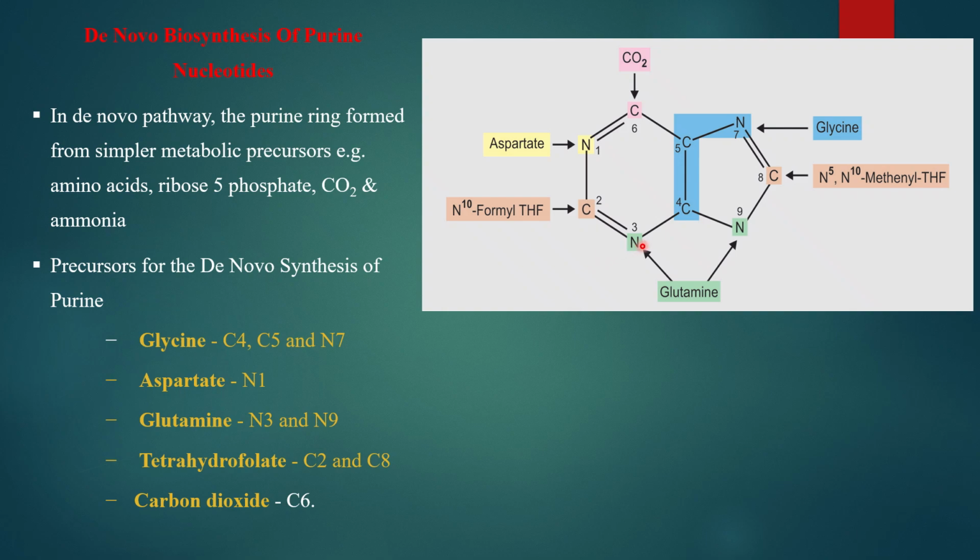Then tetrahydrofolate is giving C2 and C8. So C2 and C8 are derived from N10-formyl THF and N5,N10-methenyl THF. And carbon dioxide is giving carbon 6. This is how the various components contribute to the elemental skeleton of this ring.